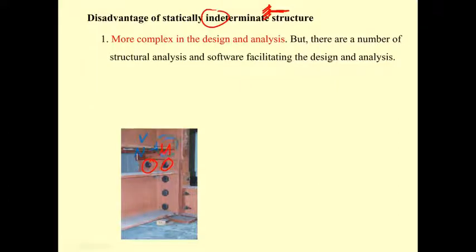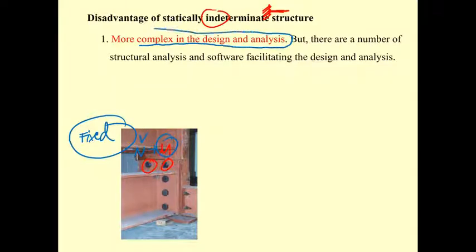It's going to take the moment. So the detail of the support of this structure is going to be more complicated than the pin support. The fixed support is more complicated to use. So the structure you design and analyze may be more complicated.